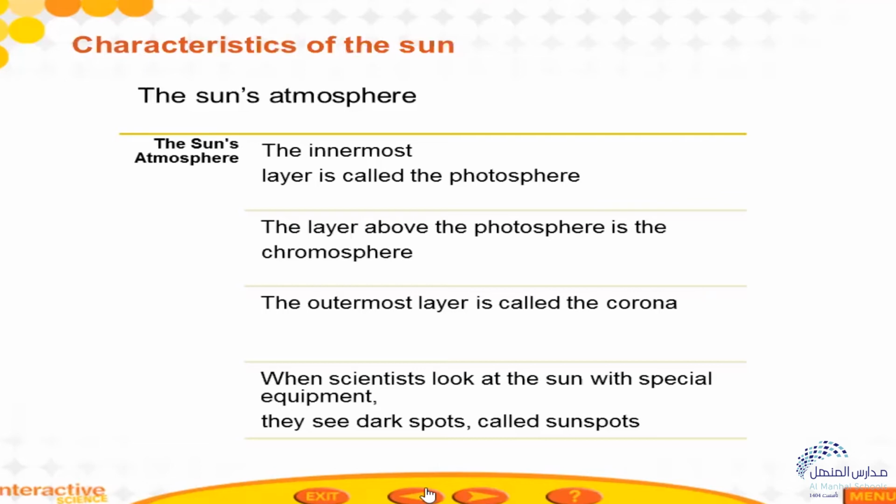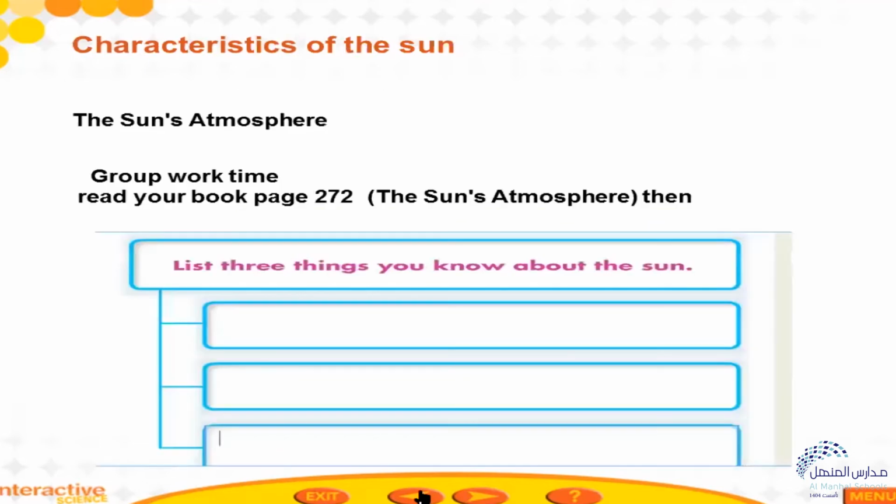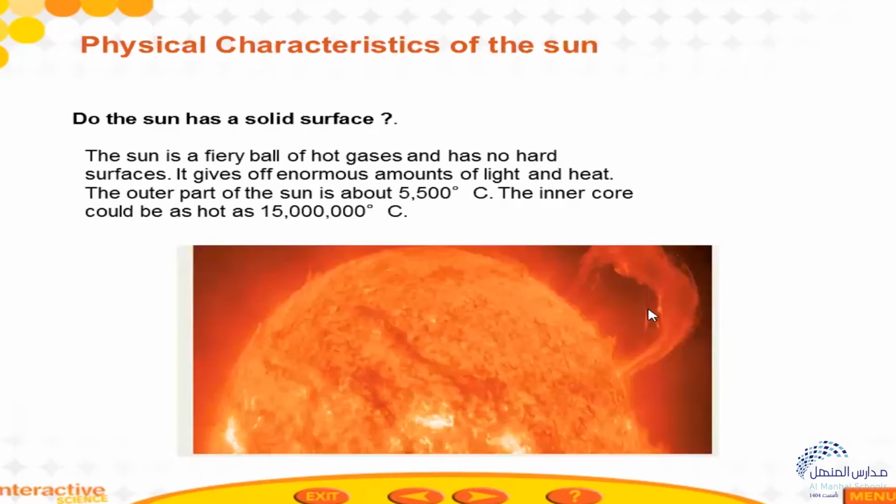Also, the sun gives off an enormous amount of heat and light. So the sun is a ball of hot gases and has no hard surface.